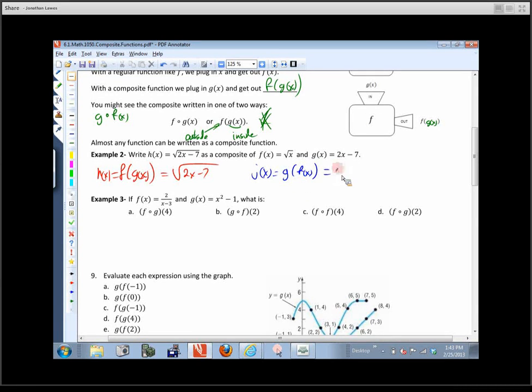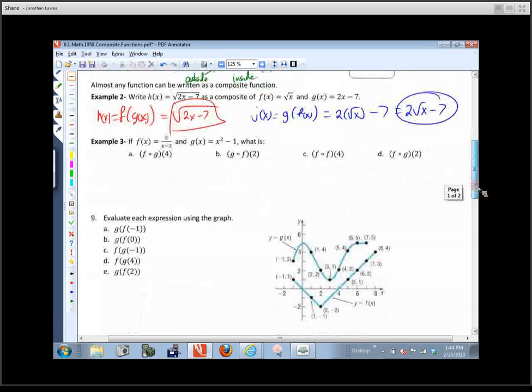So g is the function 2 times something minus 7. What are we plugging into g? The square root of x. So if I simplified that, it would be 2 radical x minus 7. So this is g of f of x. This is f of g of x. Okay? So the order you compose these makes a huge difference in the end result. Any questions there?